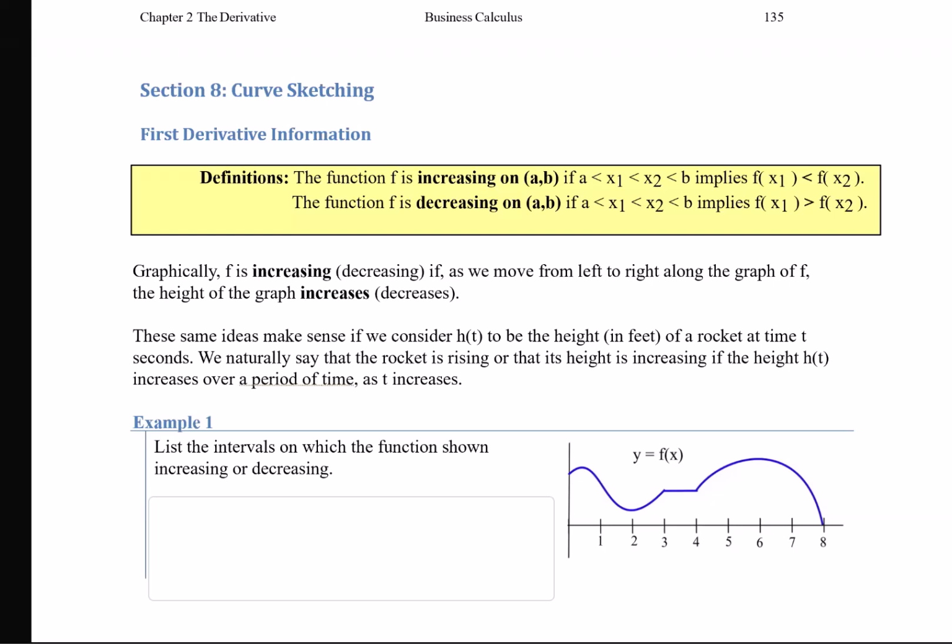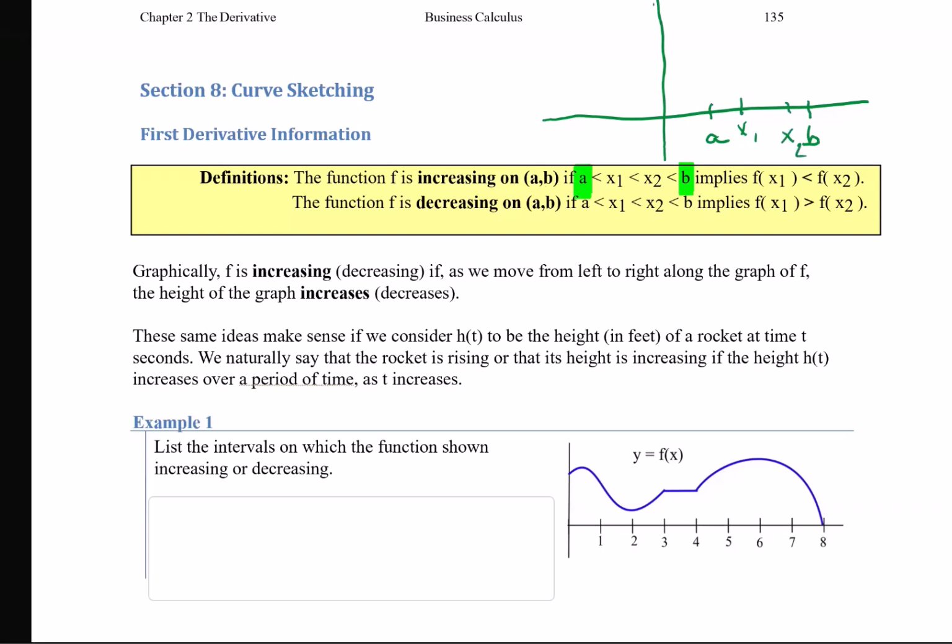First it says the function is increasing on this interval AB. So let's say I have a graph, and here's A, and here's B, because that means it's an interval. It's also telling me that A is less than B. But there are two other values between them, x1 and x2, and x2 is bigger than x1.